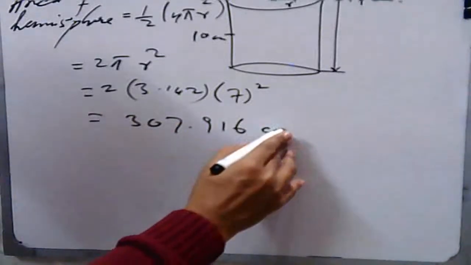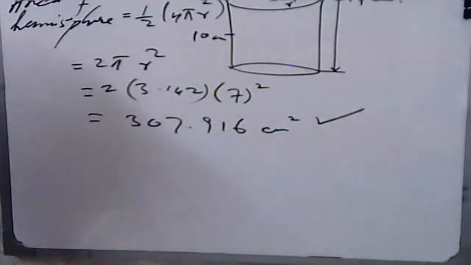Now area of cylinder. In cylinder we have two cases: the base area of a cylinder and the curved surface area of a cylinder.